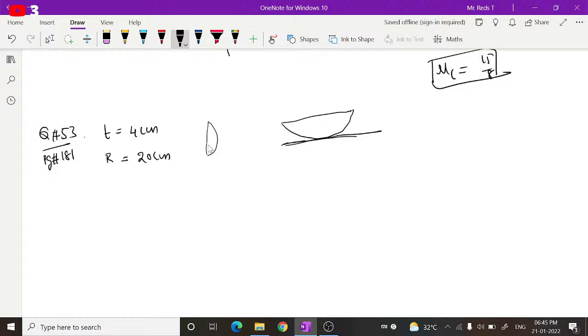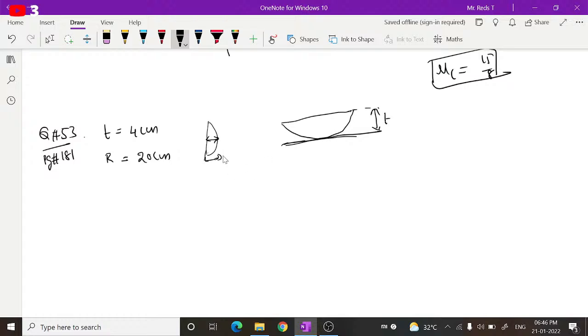The thickness is from here to here, and T is given as 4 centimeters.